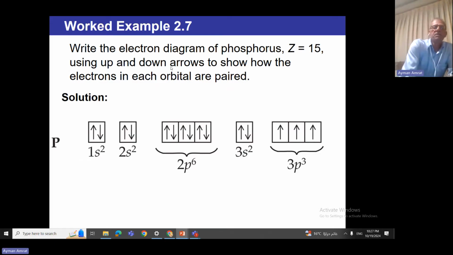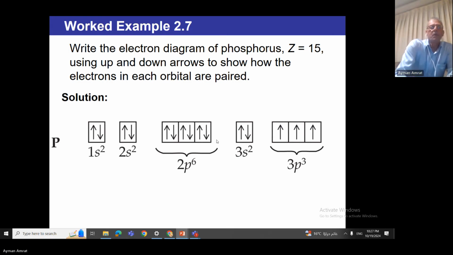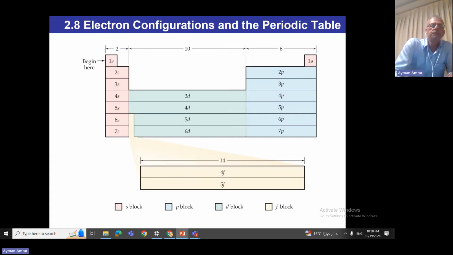This is the configuration of neon, 1s2, 2s2, 2p6. The 5 electrons are filled in 3s2 and 3p3. In each orbital, the 2 electrons should have opposite spin. Always, 2 electrons in a certain orbital should have opposite spin.